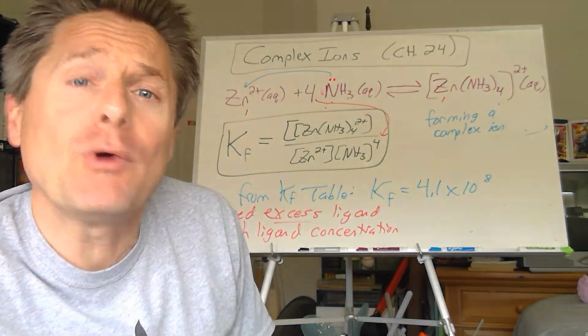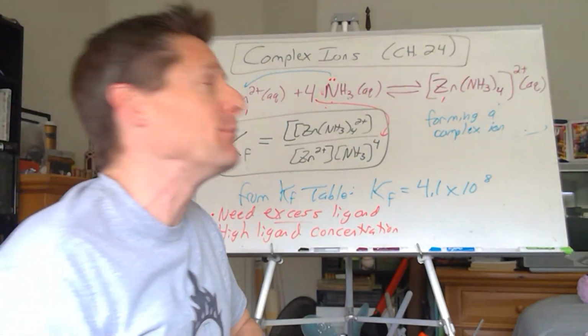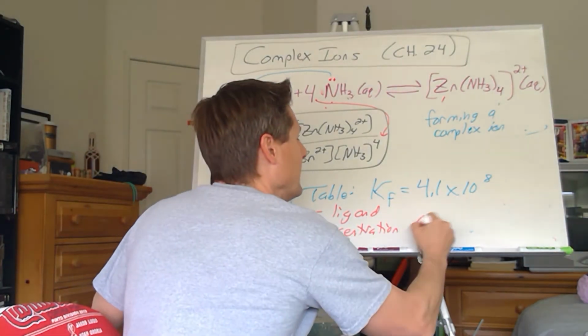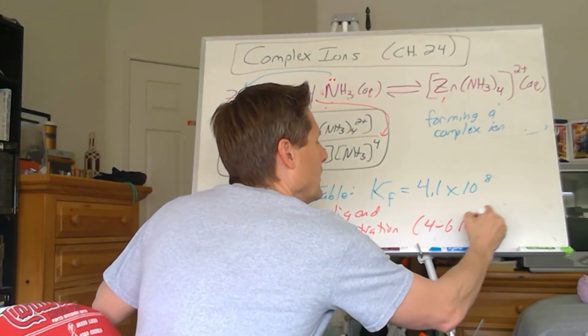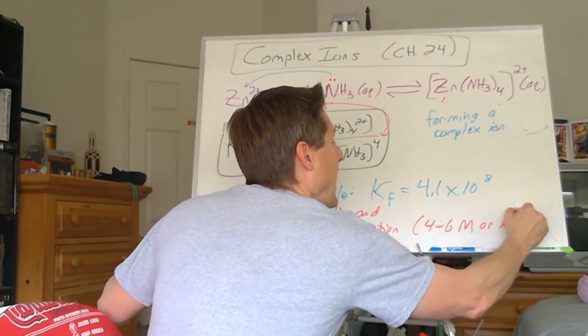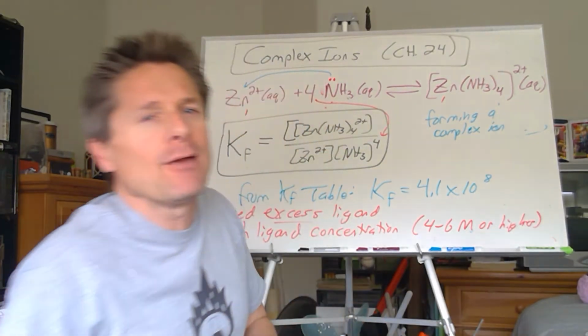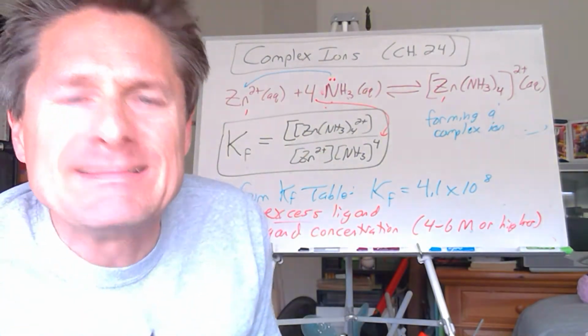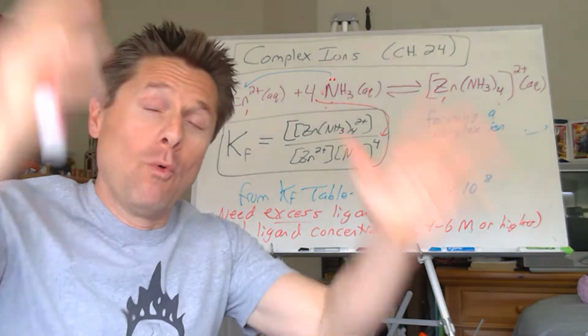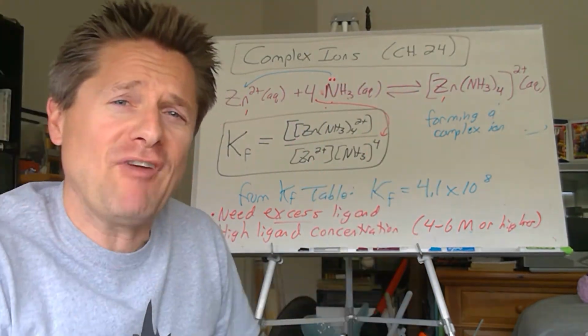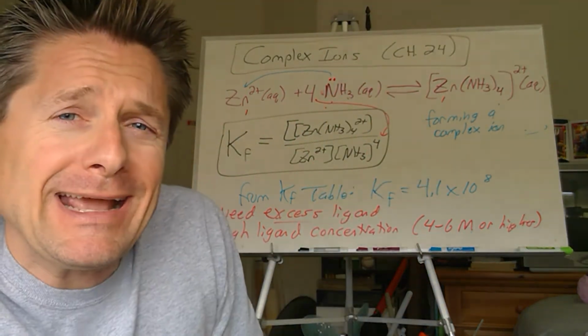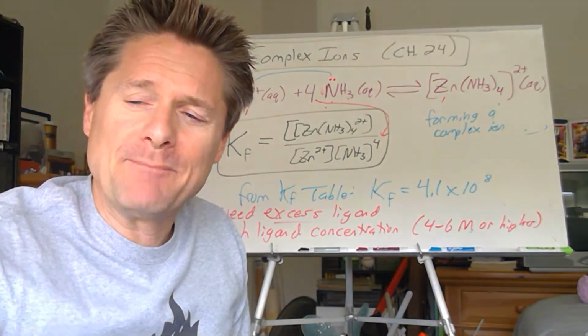Your professor is going to give you hints on exams. So if you see something like this, and I specifically say, hey, reacting with 6 molar ammonia, whoa, red flag, big hint from the professor, probably gonna get a complex ion, all right?